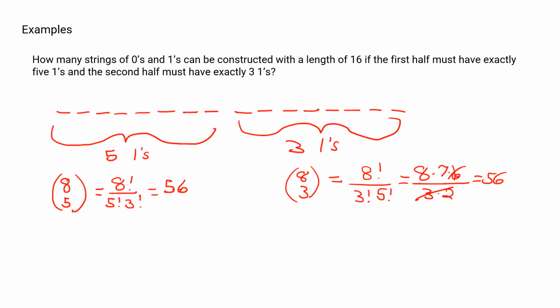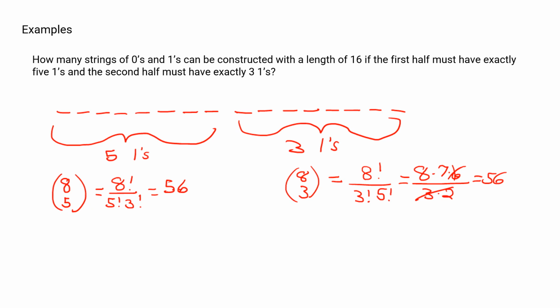Here's a 5 on the left and a 3 on the right. 5 plus 3 is 8. If you have that relationship, we saw that we end up getting the same answer. We got 56 in both cases because in both cases it involved a 3 factorial and a 5 factorial on the bottom. So that's why we got the same.